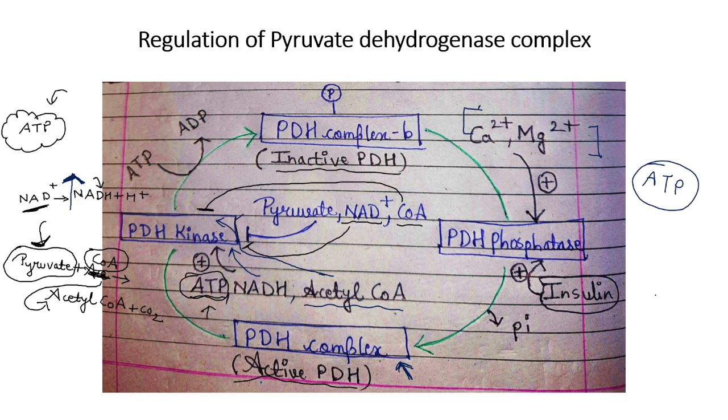By this continuous process, we can observe that the glucose is going to be consumed, and by this, the elevated blood glucose level will start to reduce. So insulin wants pyruvate oxidation to occur. So it will activate PDH phosphatase. PDH phosphatase will convert inactive PDH to active PDH, due to which pyruvate oxidation will occur, which is what insulin wants. So this was the regulation of the pyruvate dehydrogenase complex.